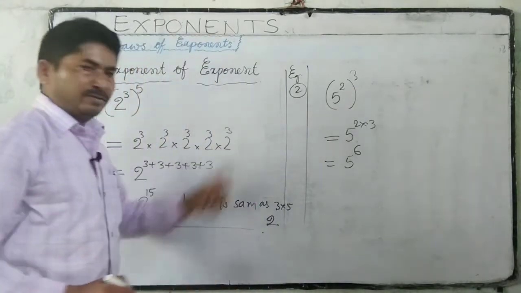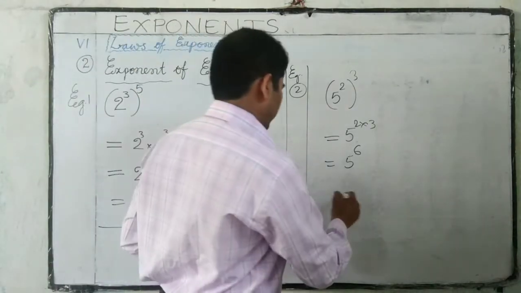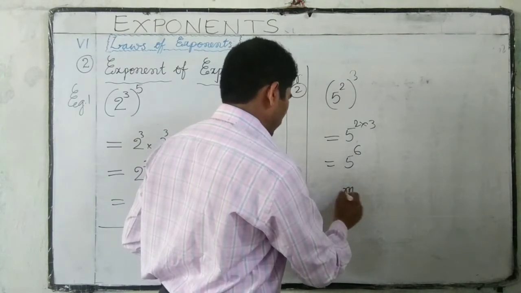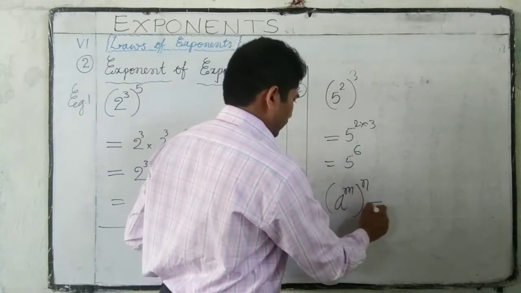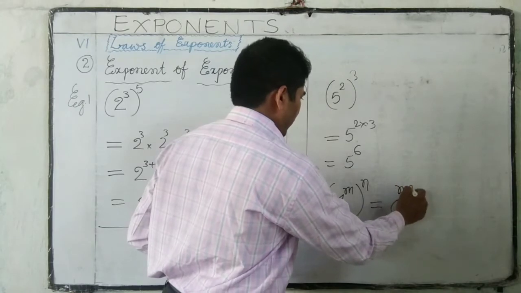Basing these two examples, we can write directly as a formula: a to the power of m whole to the power of n is equal to a to the power of mn.